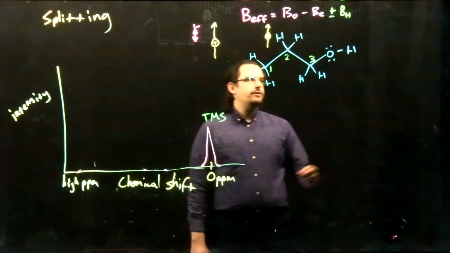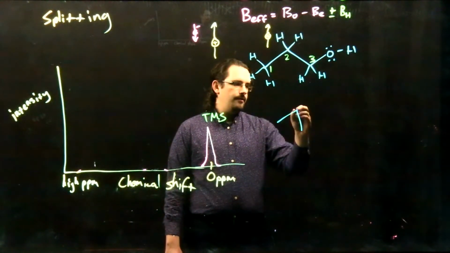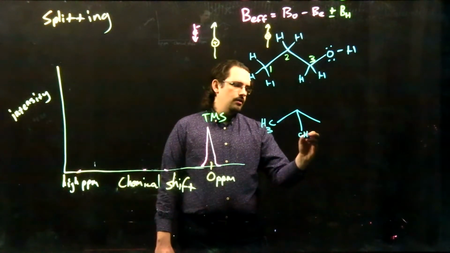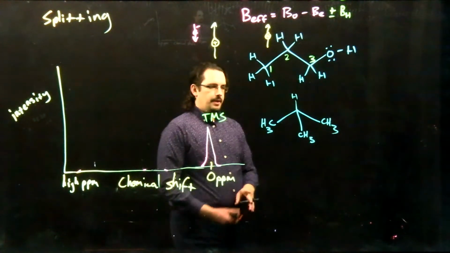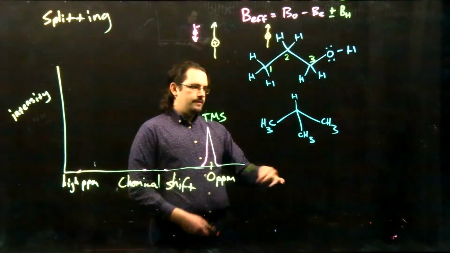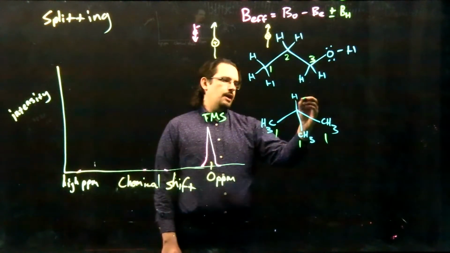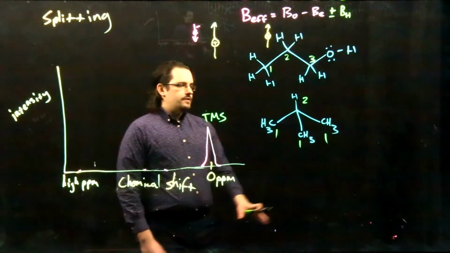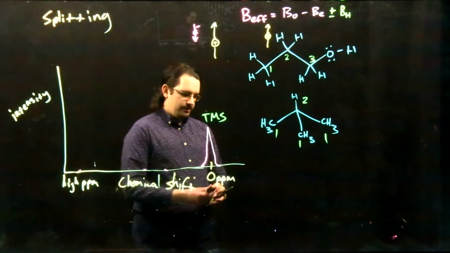Now, let's go to a simpler case first. So let's go to this molecule here. These hydrogens all look the same, so they're all equivalent. Group 1 is all of these hydrogens, and group 2 is this hydrogen here. All of these get affected by the spin state of this one hydrogen.